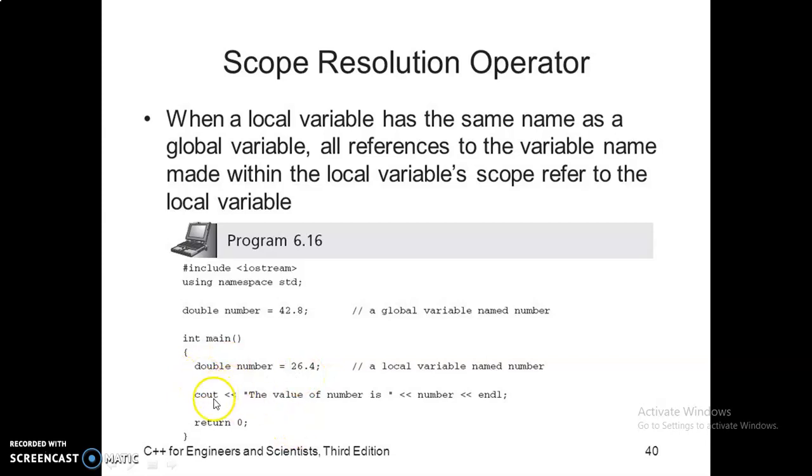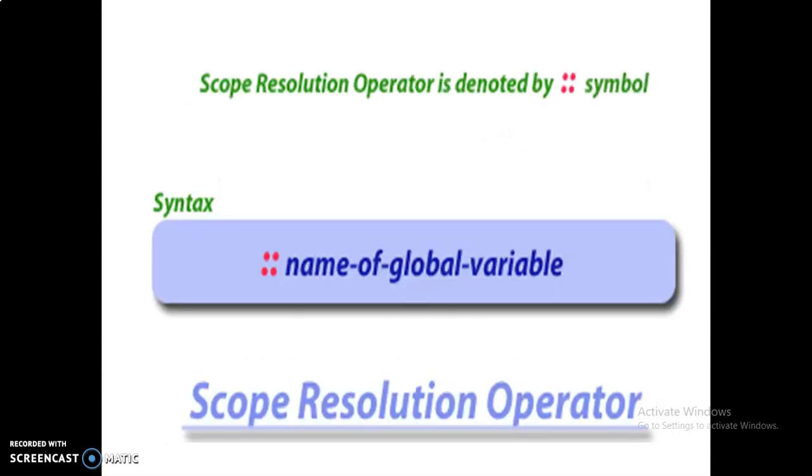So here you can see in this output statement, cout the value of number is number. Here only the local variable answer will display. If you want to print the global variable number, you have to mention the scope resolution operator. I will explain this in my next slide with the example.